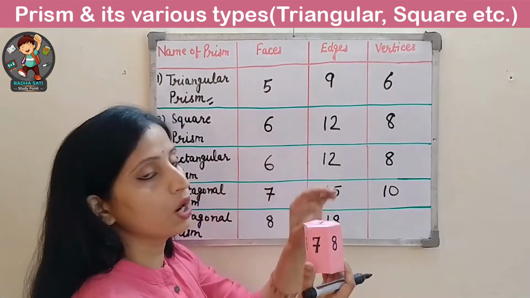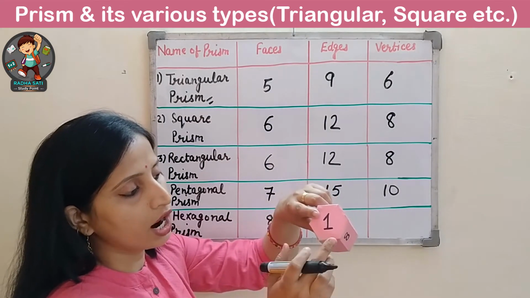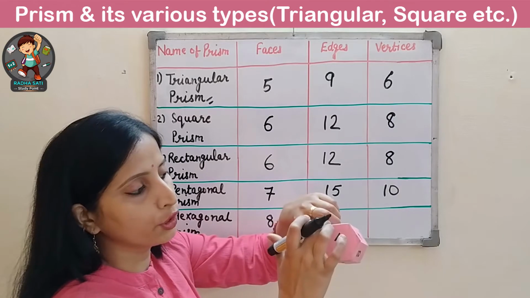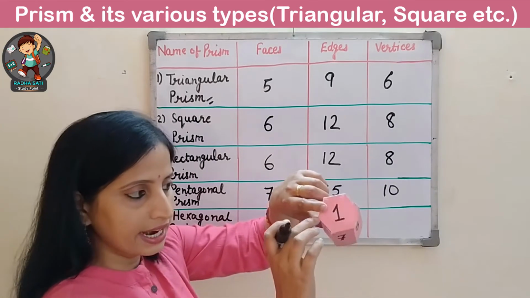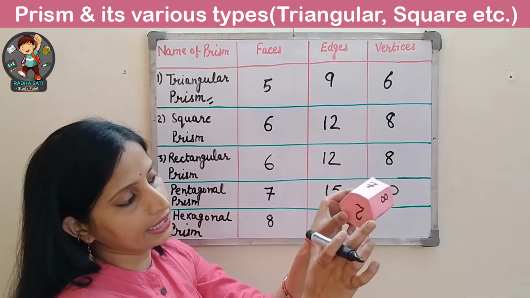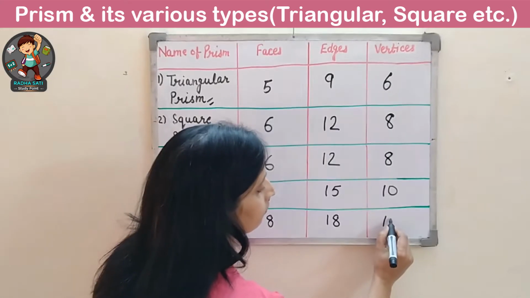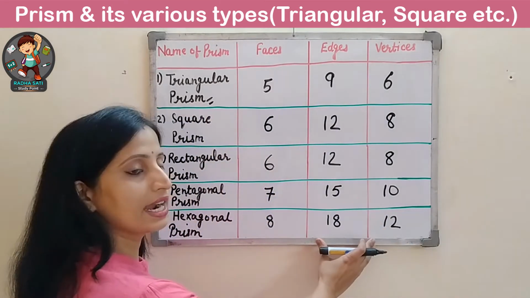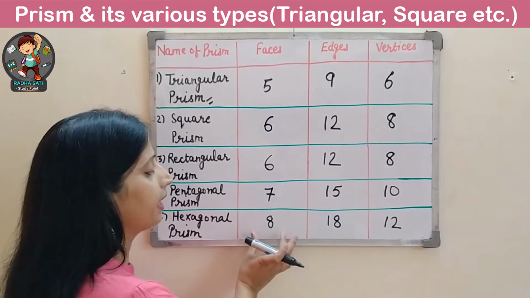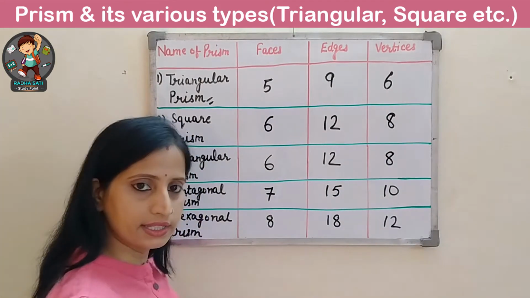Now let's talk about vertices. There are 6 vertices at the top. 1, 2, 3, 4, 5, 6 and 6 at the bottom. 7, 8, 9, 10, 11, 12. So this means that in a hexagonal prism there are 8 faces, 18 edges and 12 vertices.